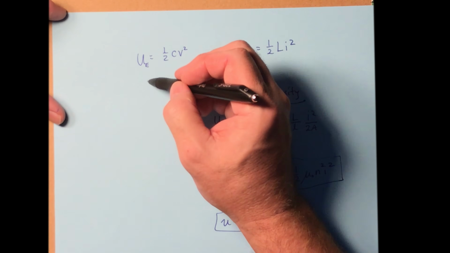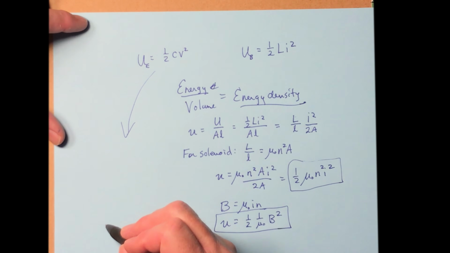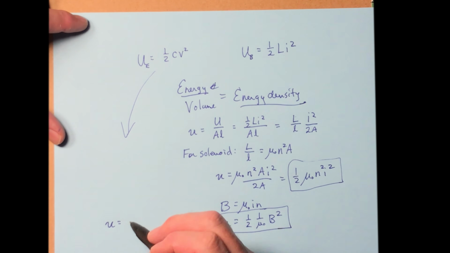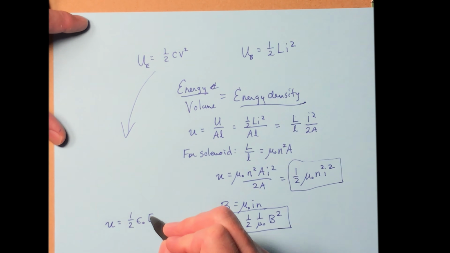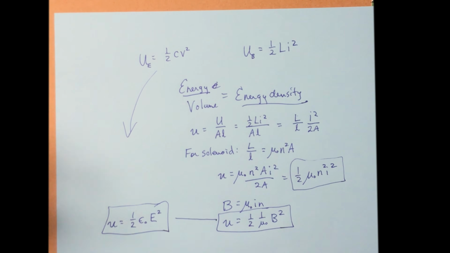Now, I don't remember if we went through that same sort of thing for a capacitor, but if you would have followed through for a capacitor, the energy density is going to be 1/2 epsilon naught E squared. And you can see there's a parallel here. We've got the 1/2 in both of them, the epsilon naught for the electric field, the 1 over mu naught for the magnetic field, and of course the field itself in each of those two cases there. So that's the energy density.